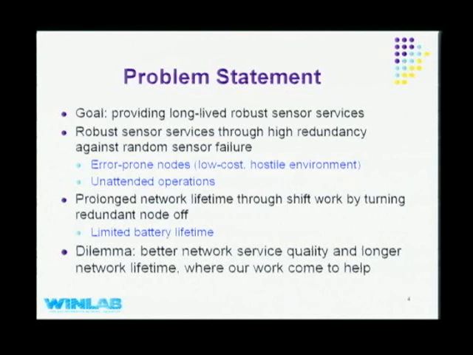Currently the common practice is we only keep a minimal set of nodes active and turn off all the redundant nodes to conserve energy. And these nodes will take turns serving the application, so that the lifetime of the whole network could be improved by a couple of times, depending on the density of the network.